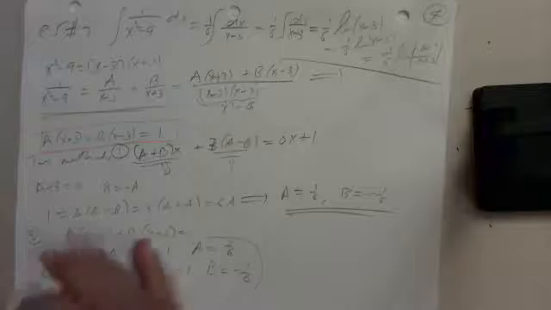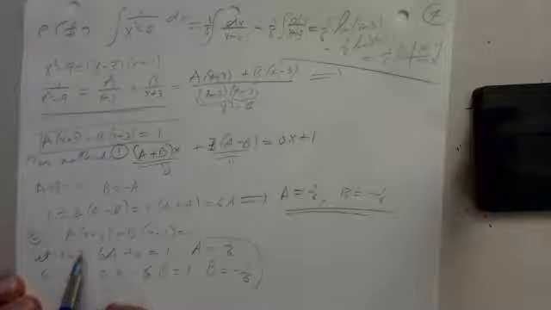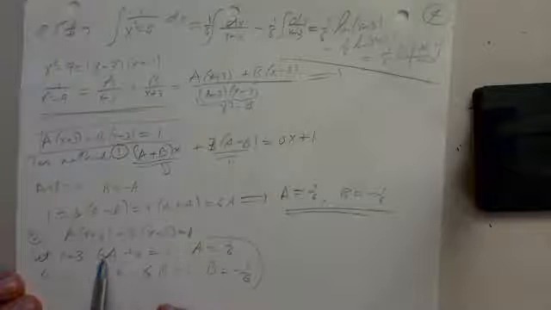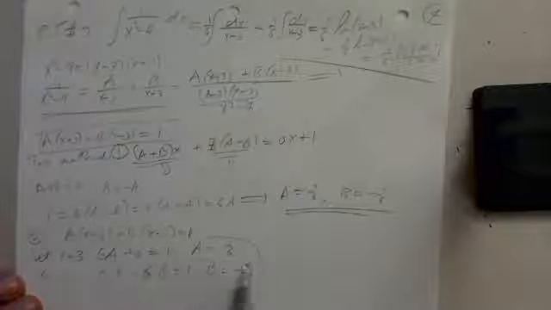If I plug in x equal to 3, this says, let x equal 3. If x is 3, 3 plus 3 is 6. This is 6a. 3 minus 3 is 0. This is 0, equals 1. So 6a equals 1. So a is a sixth. Oh, okay. Okay, thank you.